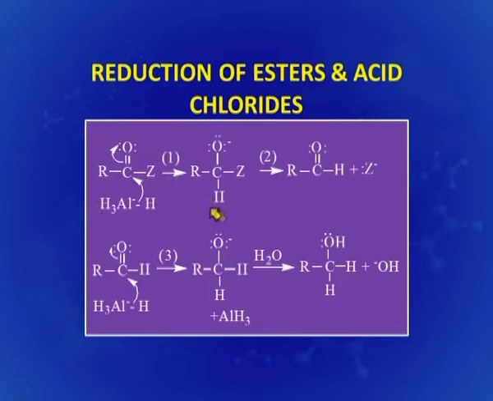In this step, the hybridization changes from sp2 to sp3 in the intermediate. After that, protonation gives rise to the aldehyde, with the removal of the leaving group. If we want to continue the reduction further, it reduces to the alcohol.